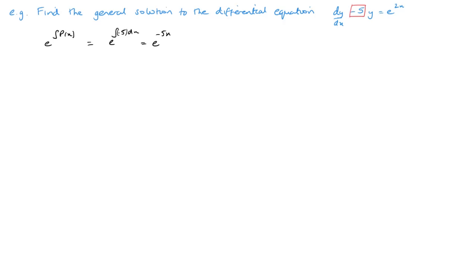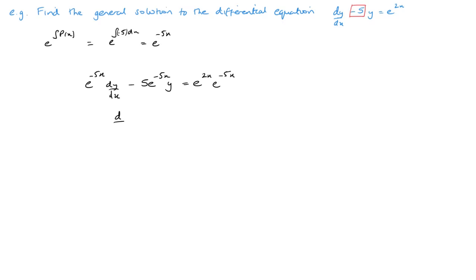So I'm going to multiply my original equation by this. So e^(-5x) dy/dx - 5e^(-5x) y equals e^(2x) multiplied by e^(-5x). Now, when I look at the left-hand side, this is basically the function multiplied by y, differentiated.